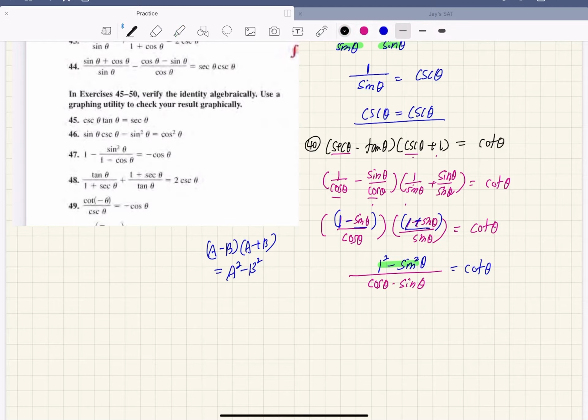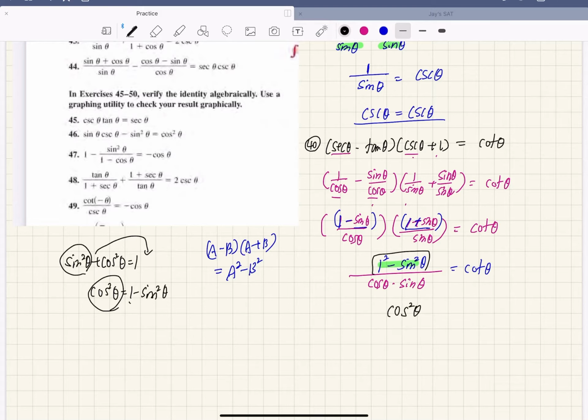According to the first Pythagorean identity, sine squared theta plus cosine squared theta is equal to 1. And then you move this to the other side, switching signs. So cosine squared theta is equal to 1 minus sine squared theta. You can replace the numerator with cosine squared theta.